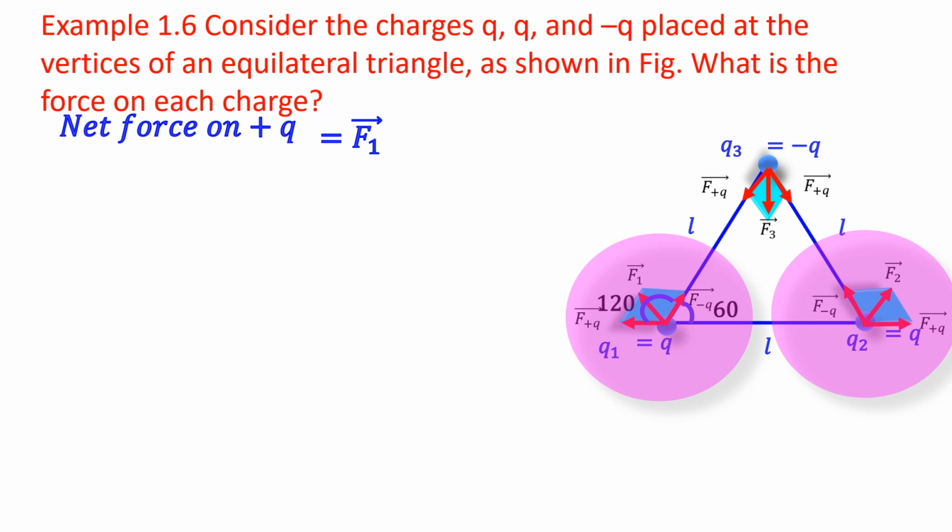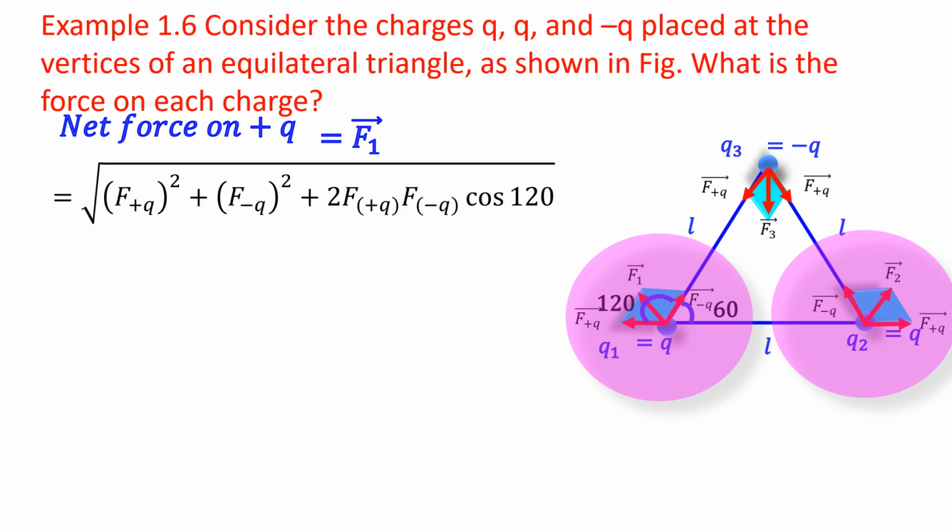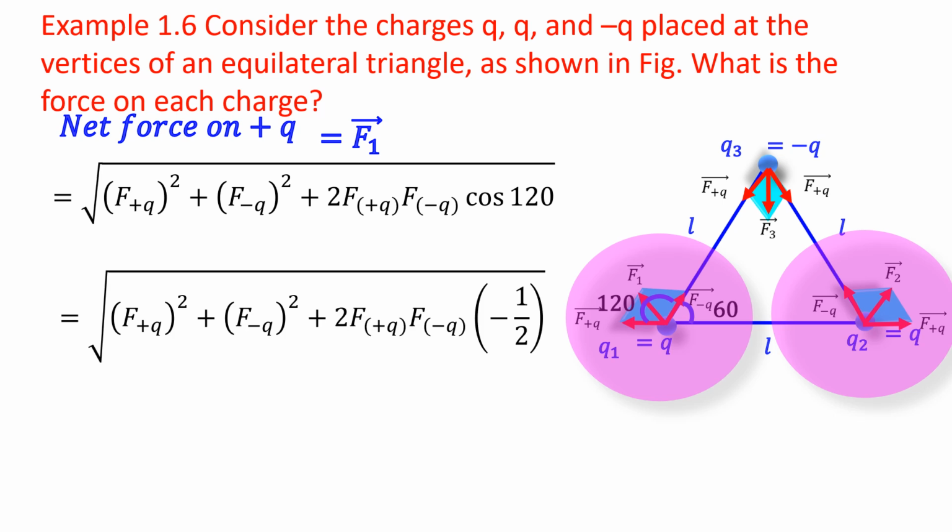We know that the magnitude of F1 vector, which is equal to F2 vector, is equal to the square root of F plus Q whole square plus F minus Q whole square plus 2 F plus Q F minus Q cos 120. Cos 120 value is minus 1 by 2. This 2 will be cancelled out.